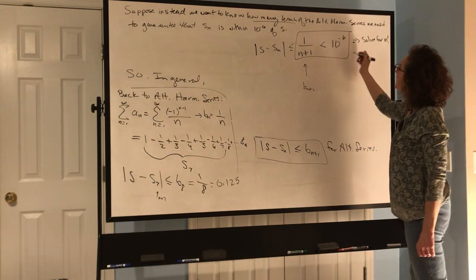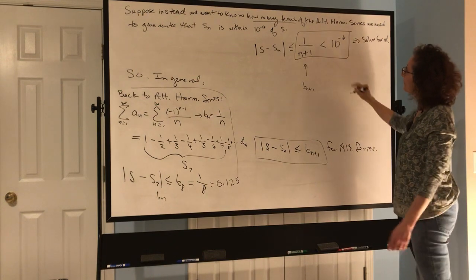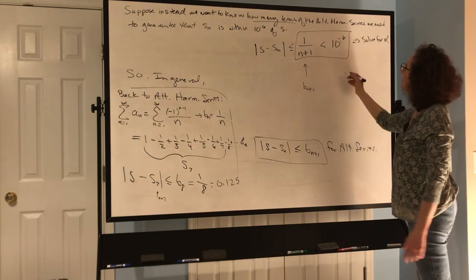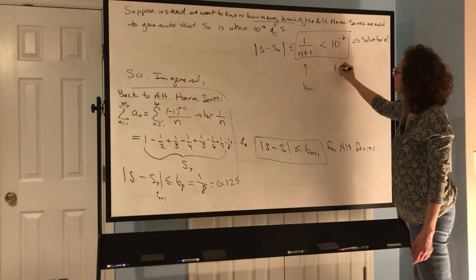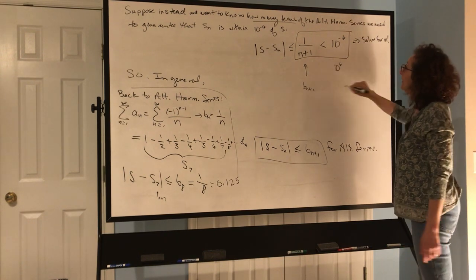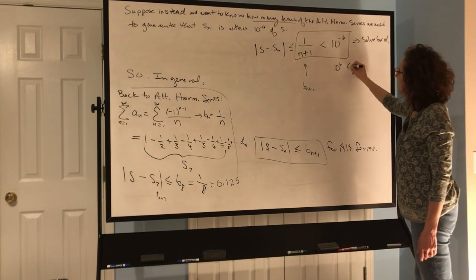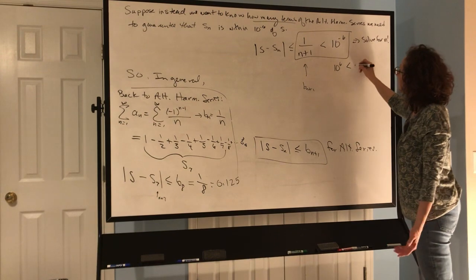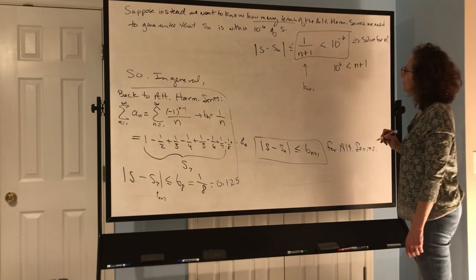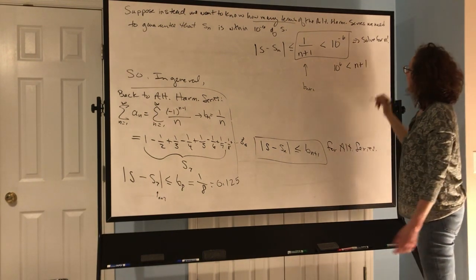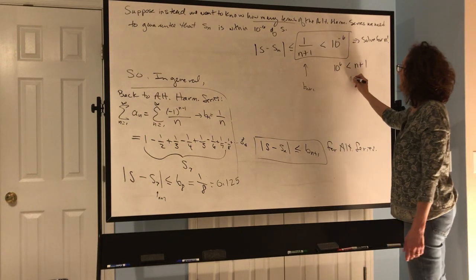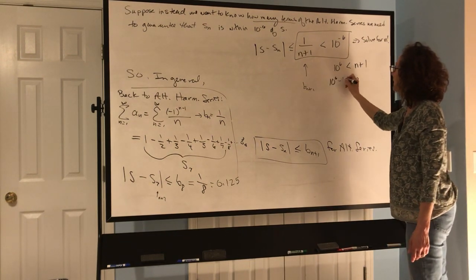Let's do that. I don't want this piece in the box, so if I multiply by 10 to the 6, I'll get a 10 to the 6 on the other side. And if I multiply by n plus 1, everything's positive, so I don't have to change the direction of the inequality. I get an n plus 1 on this side. And so n has to be greater than 10 to the 6 minus 1.